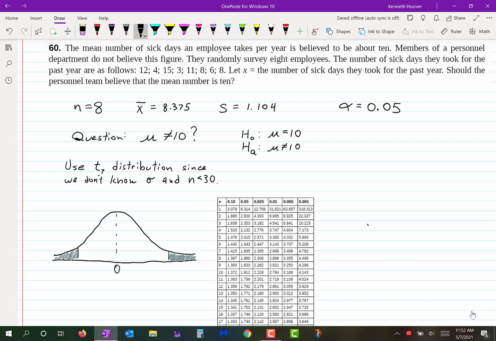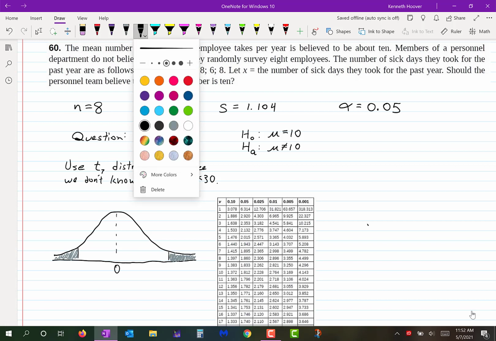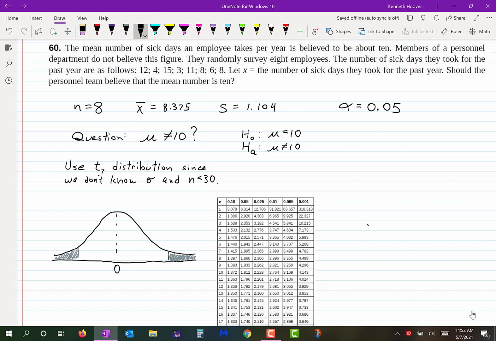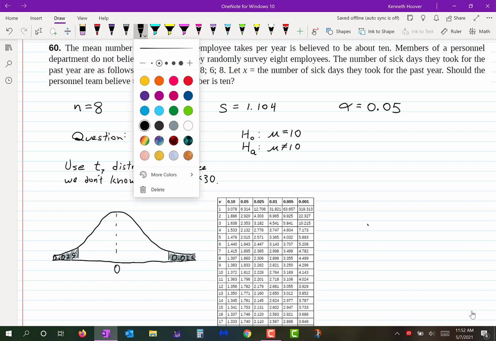So we're using an alpha level of 0.05, but it's a two-tailed test, which means that 5% gets broken into two pieces. We got 2.5% here and 2.5% here. 95% in the middle.